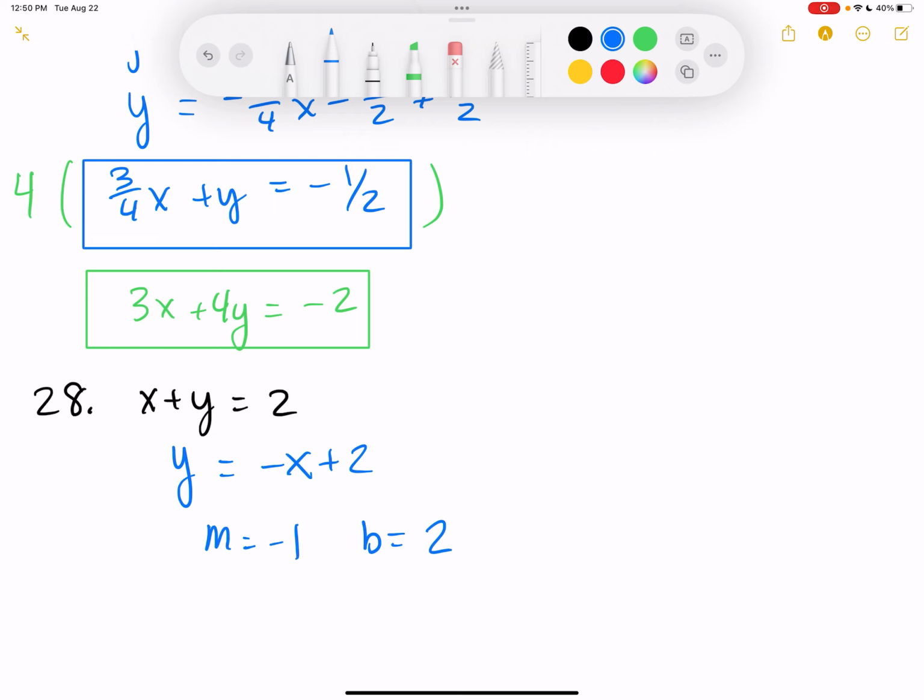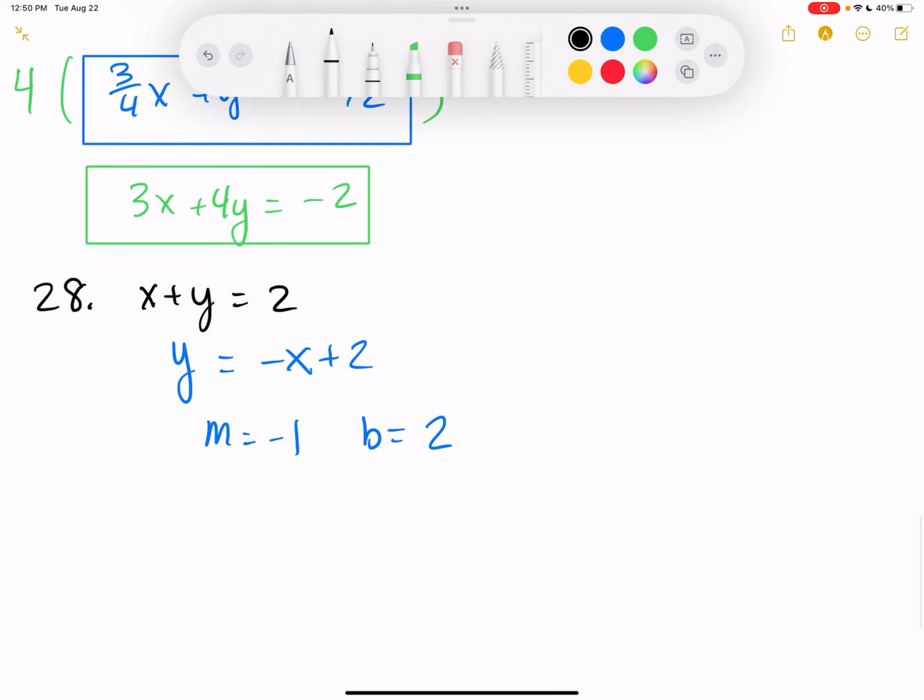All right, these next ones are to find an equation for the line that goes through the point that's given to you and is parallel to the line that's given, as well as perpendicular to the line that's given. So these ones are going to be a little longer. So 32, we have the point -2, 2, and the line 2x plus y is equal to 4.